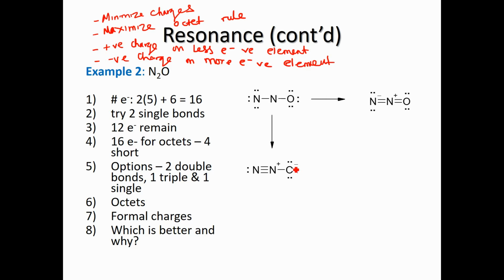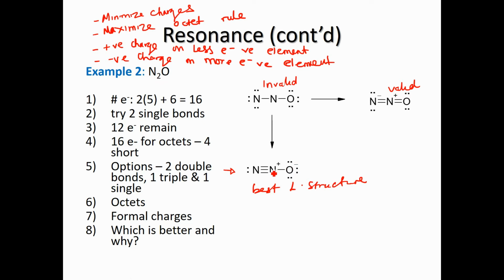Now, in this case, this would be the best right here, because you will have the negative charge on oxygen rather than negative charge on nitrogen. This one does not obey octet rules, so it's not valid. This is invalid. This is valid, but the charges are misplaced, so it's not the best. This is going to be the best Lewis structure because it's obeying all this.